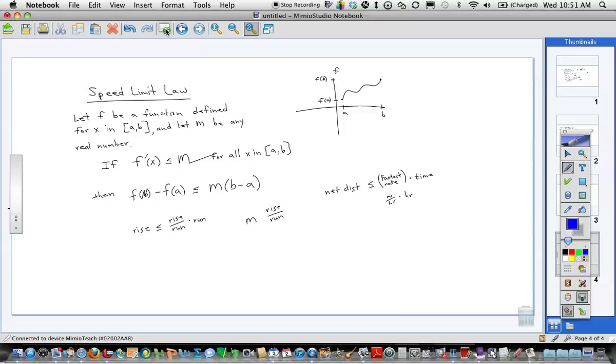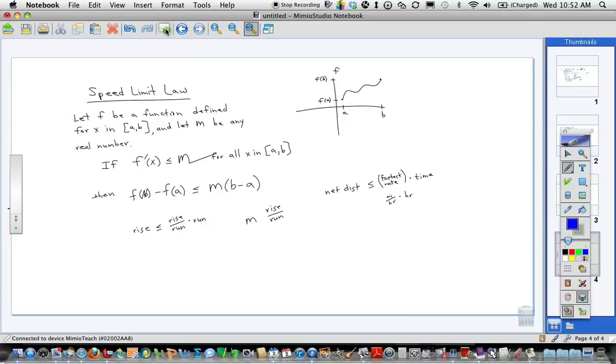So what this is saying, let's put this in some actual numbers. Let's say that I tell you that the derivative is always less than or equal to 2. That's saying the slope is always 2 or less. That means every time I go over 1, the most the graph goes up is 2. Let me say it again. If I tell you that f prime of x is less than or equal to 2, that's like telling you the slopes are 2 or less.